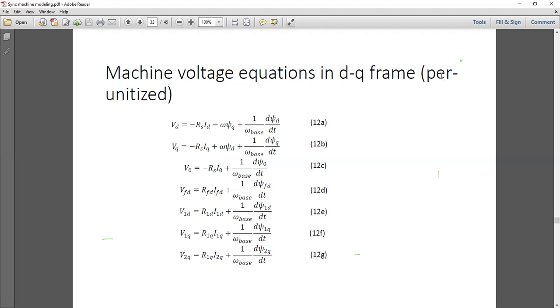Even when you apply per unitization, you shouldn't expect the current direction to change. So the transformed stator currents from IABC to ID, IQ and I0 have a negative sign, whereas the rotor currents are still with positive signs. Again, the detail of the per unit conversion is time consuming, and if you are interested, you can go through the article given in the book.